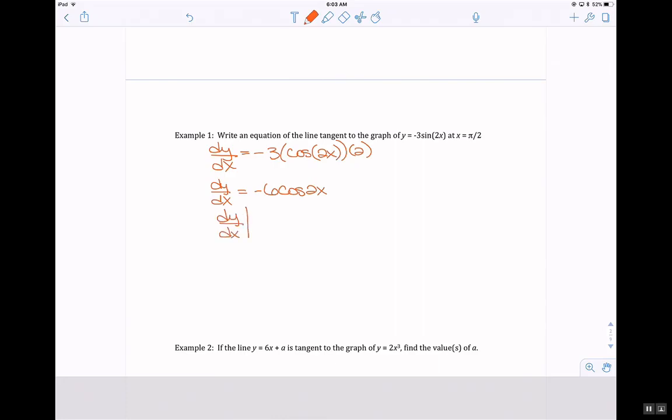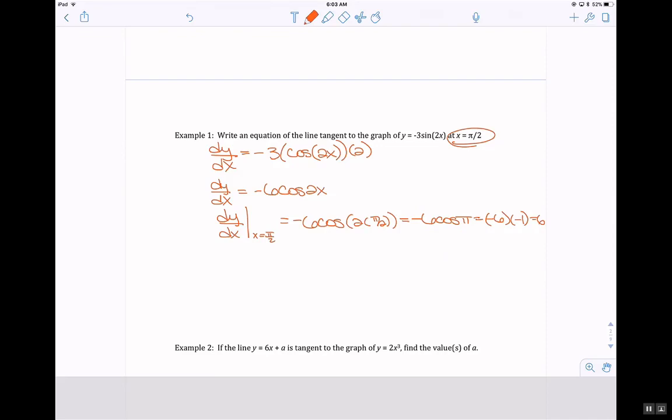So dy/dx evaluated at x equals pi over 2 is negative 6 cosine of 2 times pi over 2, which equals negative 6 cosine of pi, and the cosine of pi is negative 1, so this is negative 6 times negative 1, which is 6. And that's the slope of my tangent line.